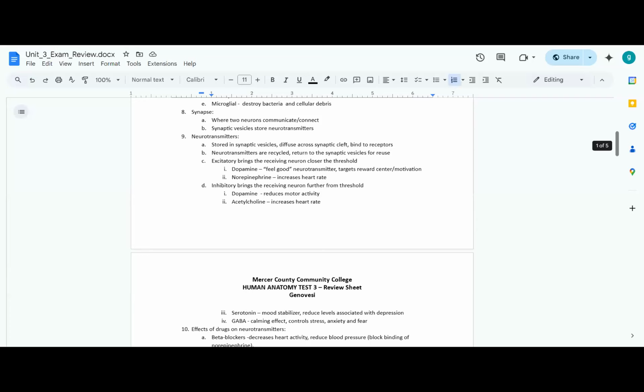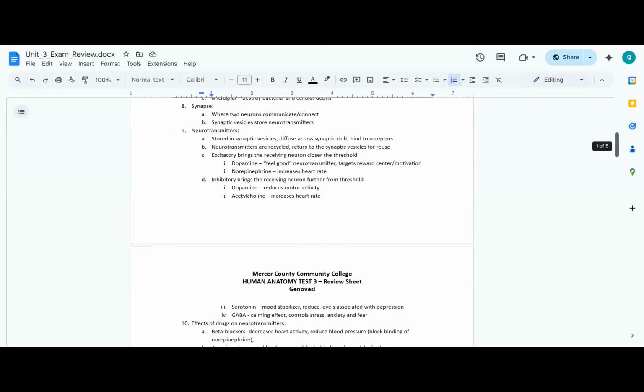So people that have Parkinson's disease, that have kind of jerky movements, it's due to a death of the cells in this area that control this type of motor activity. It's like the basal nuclei. So acetylcholine, it acts to increase your heart rate.